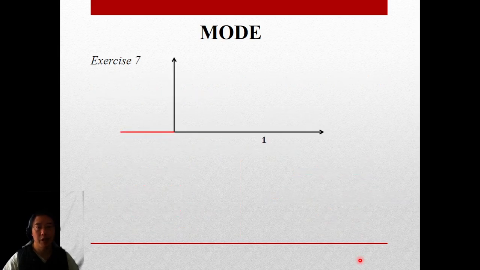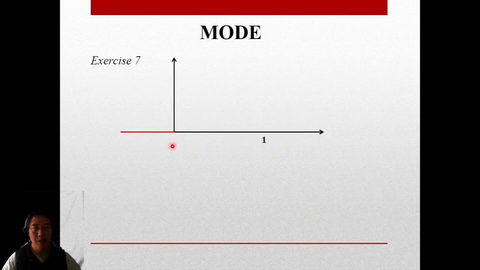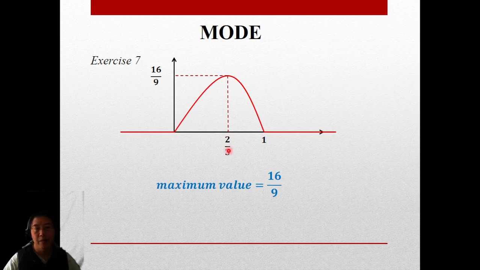So that's a local minimum, and here we have a turning point. Here you have your highest value, the maximum value, which is 16/9, and the mode is 2/3.